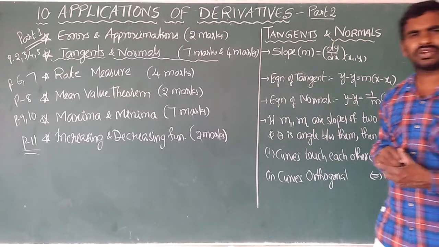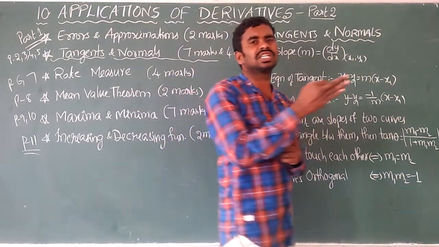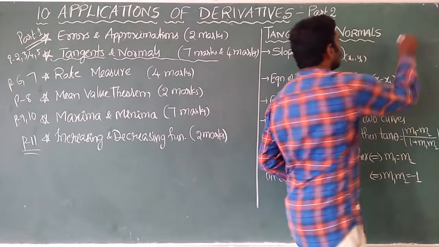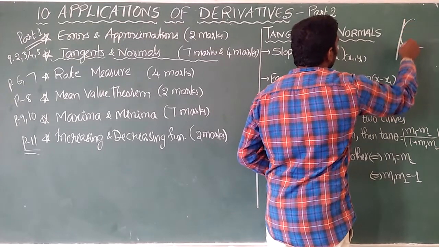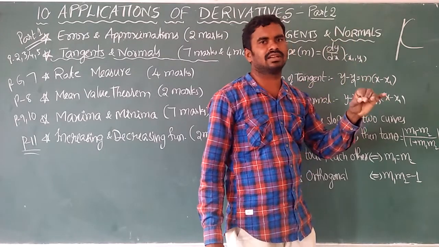Tangents and normals. Do you know what a tangent means? Very simple. It is just a touching line of a curve. Suppose this is a curve. The touching line of this curve is simply called the tangent line.